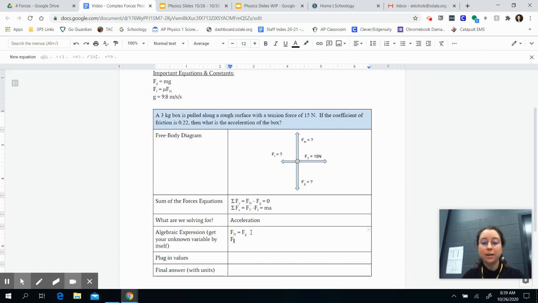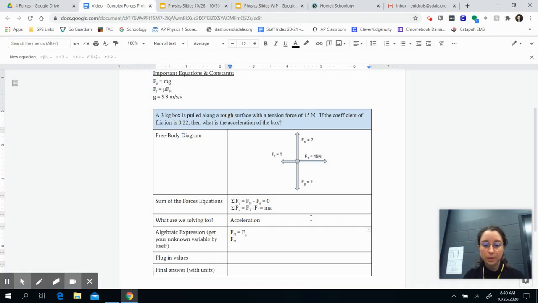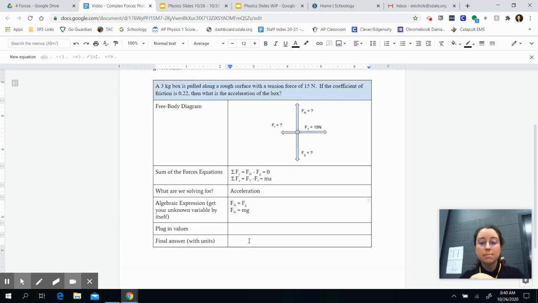So I know that Fg is equal to mg. So I can go ahead and say Fn is equal to mass times gravity. Okay, first steps. Now let's start to look at that sum of the forces in the x direction. So I see Ft minus Ff equals ma. So I want to rewrite that and get a by itself.